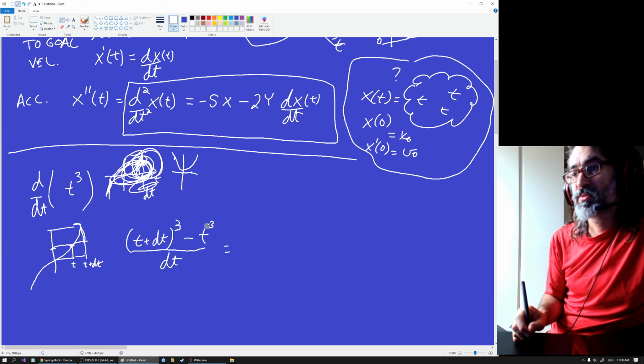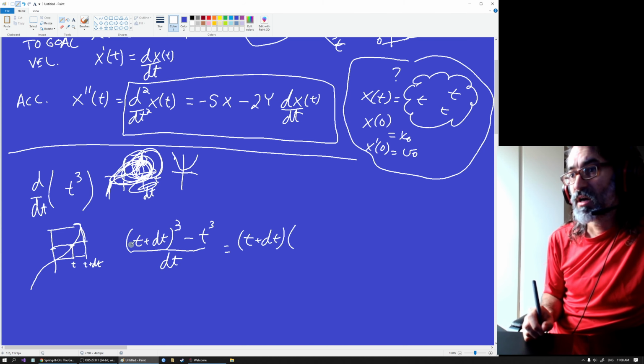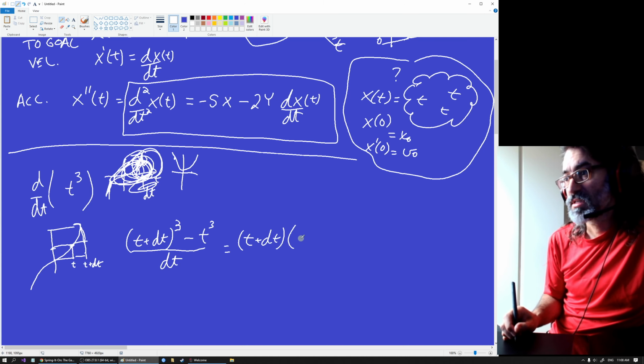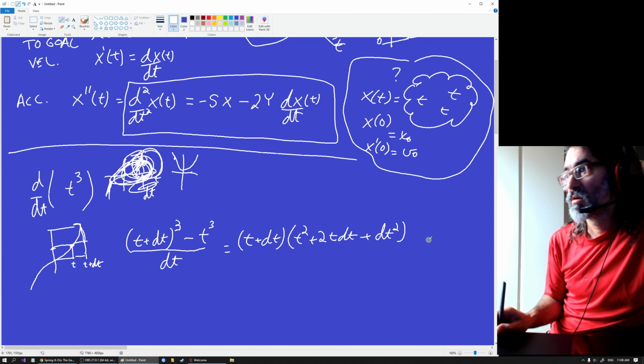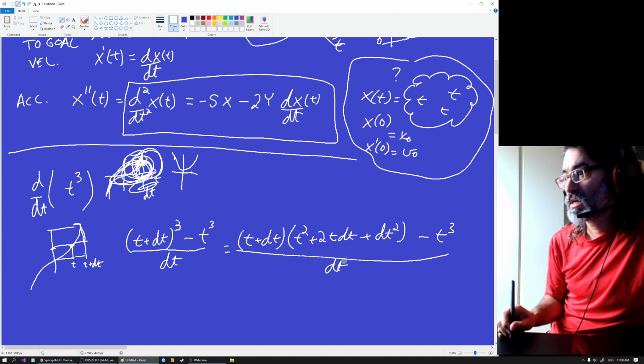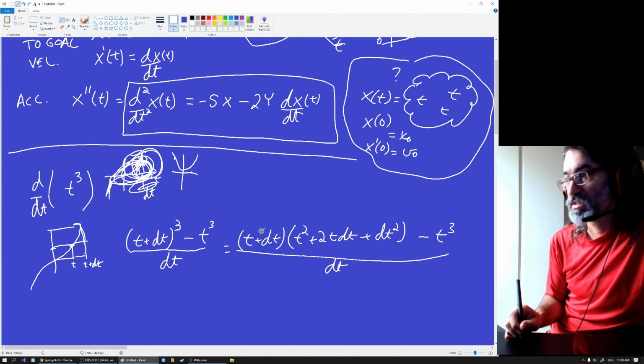When we expand it once, it gives us (t squared plus 2t dt plus dt squared) times (t plus dt), minus t cubed, all over dt. I did one of the multiplications, and now we do it again.